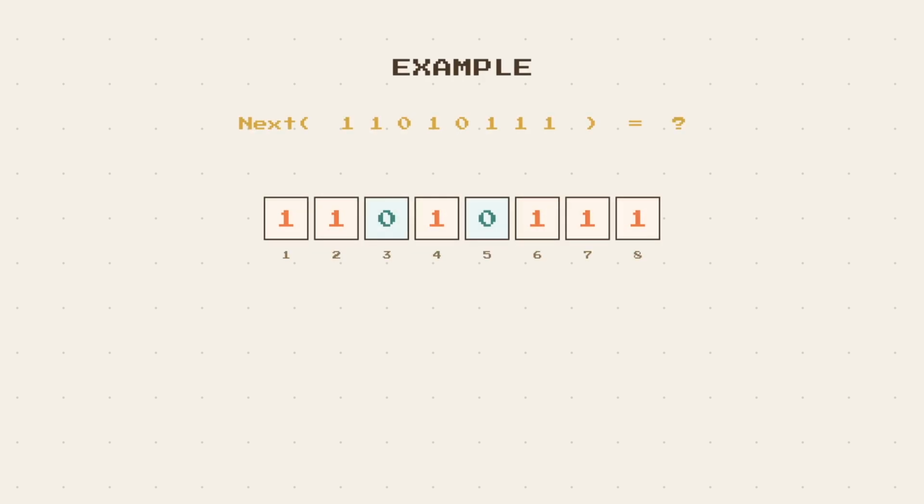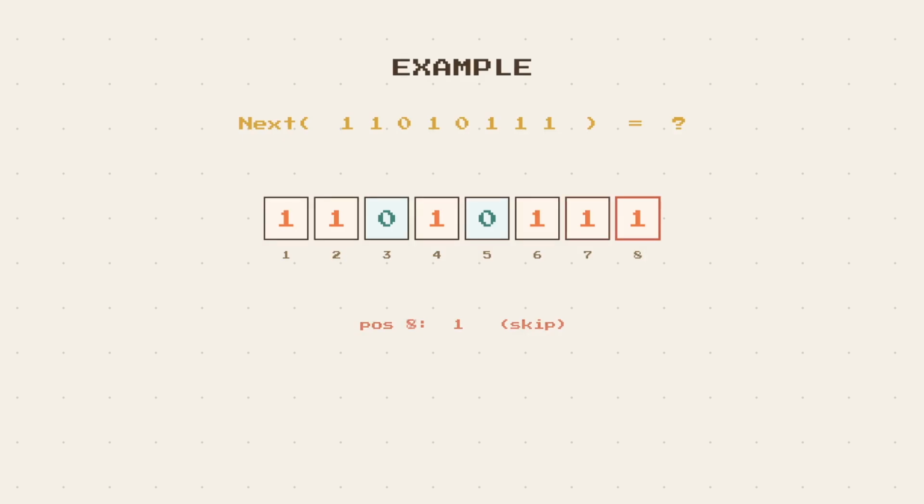Okay, let's take a look at an example now, right? Let's run next on the bit string 11010111. So, starting position, scanning right to left for the first 0. Okay, so position 8, we're going to skip it, right?